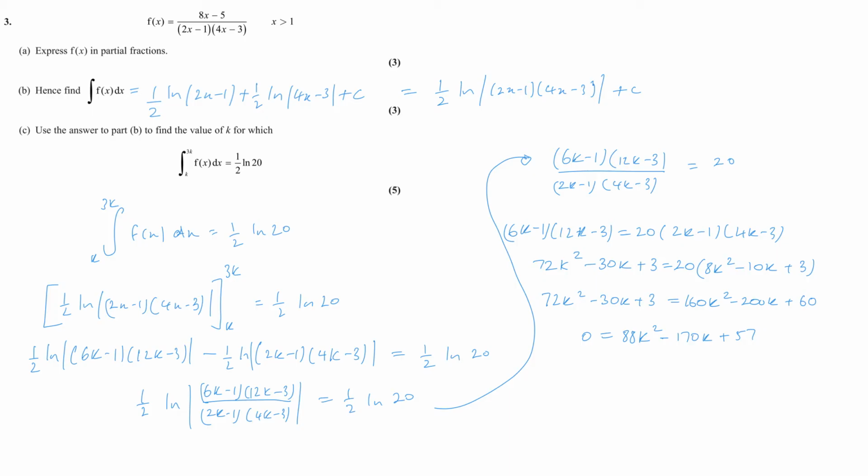Okay, then using the formula, I get two answers for k, 3 over 2 and 19 over 44. But in the question it says that x is greater than 1. Therefore that's not an answer, so k equals 3 over 2.